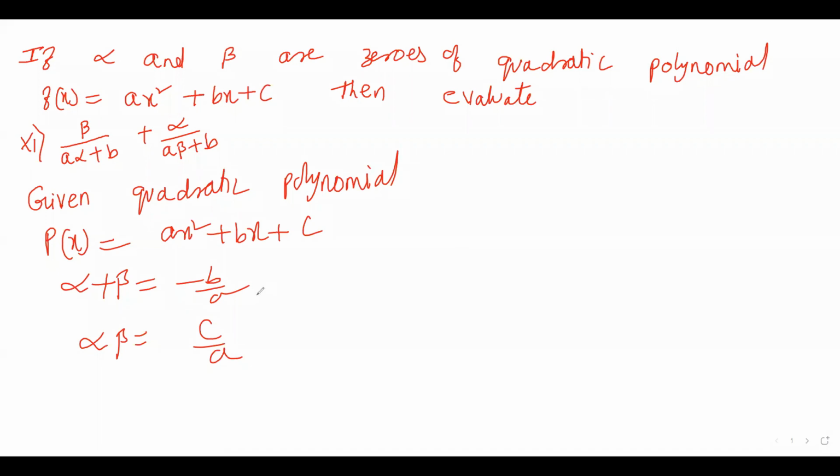The next question, he is asking us to find the value of beta by A alpha plus B plus alpha by A beta plus B. As in the previous case, we have to take LCM here also. Let's write down the question: beta by A alpha plus B, alpha by A beta plus B. On taking LCM, these two will get multiplied.